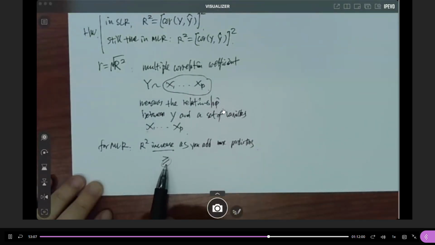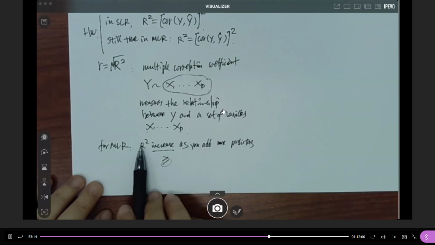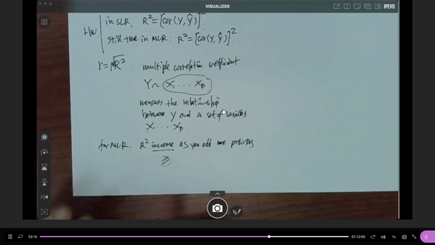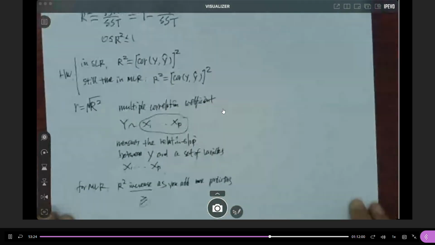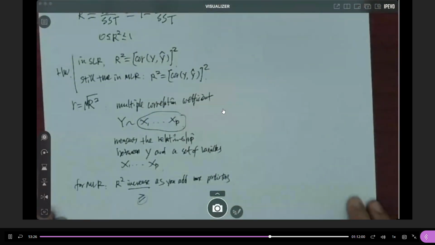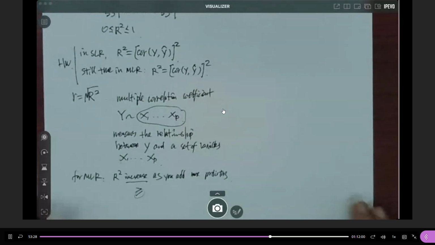Basically, in the multiple linear regression, if you add more predictor variables, the R squared will be greater than or equal to the previous R squared. The larger model always has a larger R squared. And also, I emphasize here, when we say increase, it includes the equal sign.